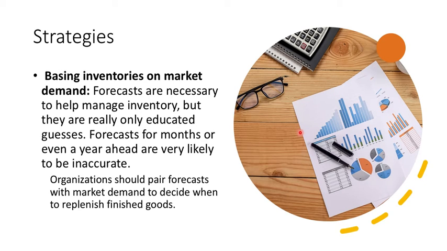Then another point is basing inventories on market demand. If you want to manage inventory, then planning and forecasting is a really important point. Forecasts, as mentioned here, are necessary to help manage inventory, but they are really only educated guesses. Forecasts for a month or even a year ahead are very unlikely to be accurate. And it's true.